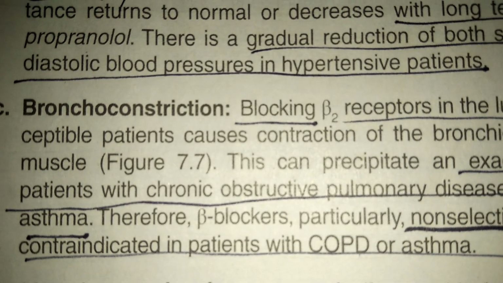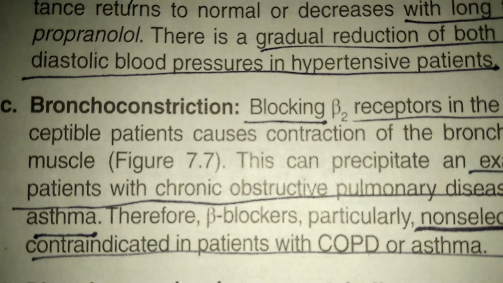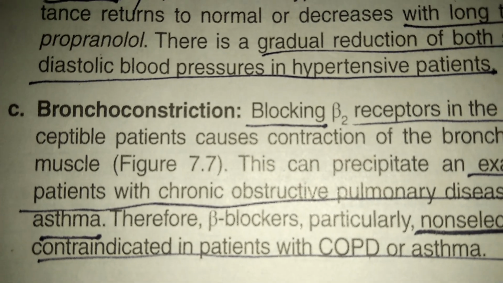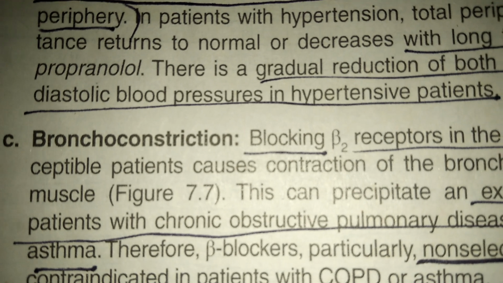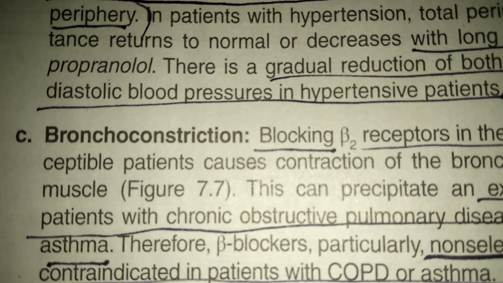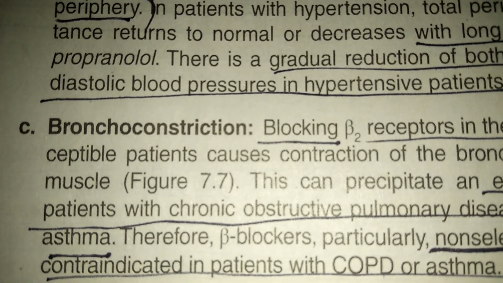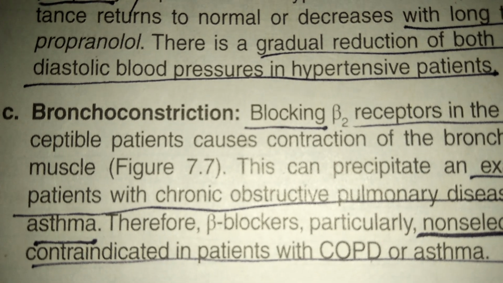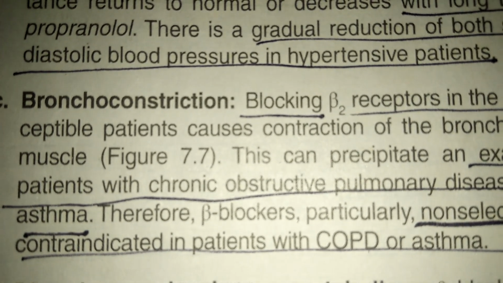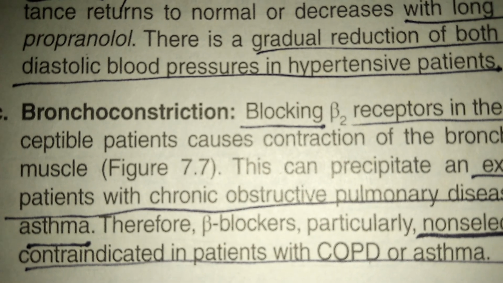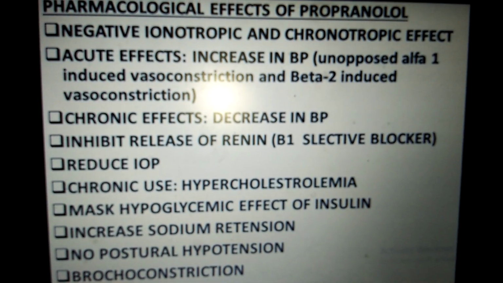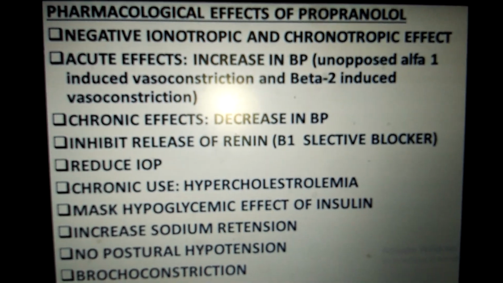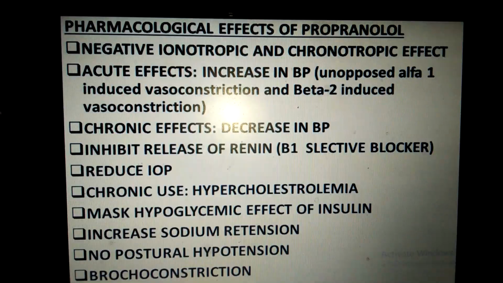Non-selective propranolol is contraindicated in these conditions, COPD and asthma. In patients with COPD and asthma, we usually give beta 1 selective agents who do not block beta 2 receptors in the respiratory tract. Okay, in this slide you can see the pharmacological effects of propranolol.